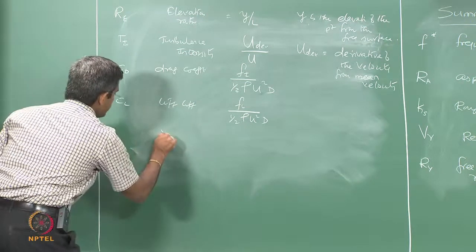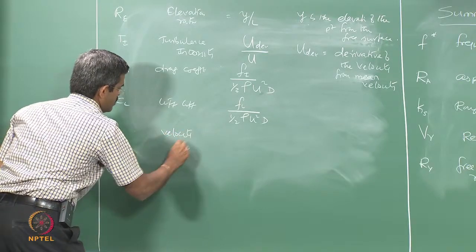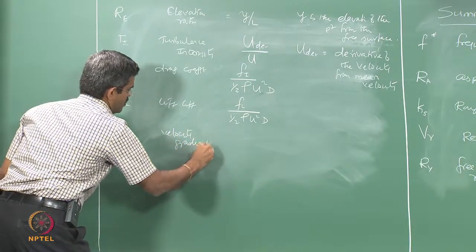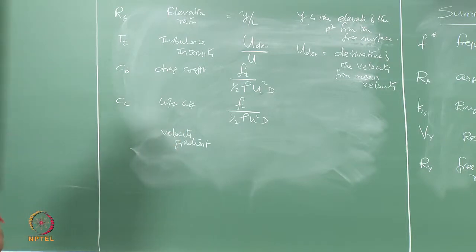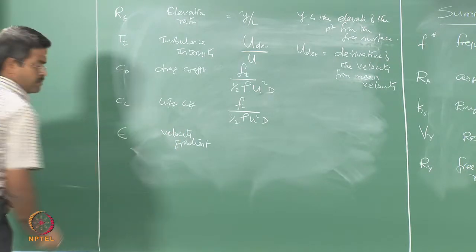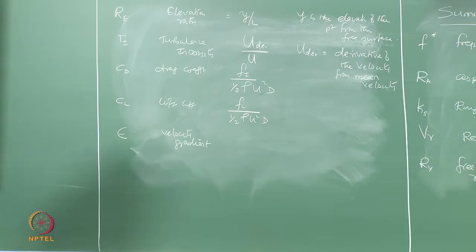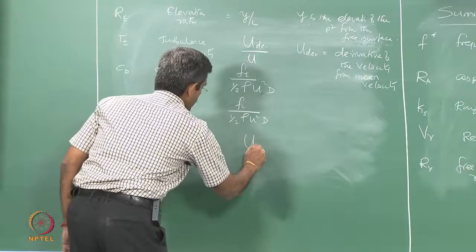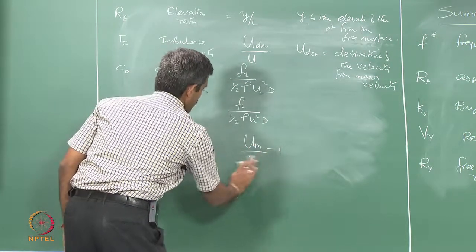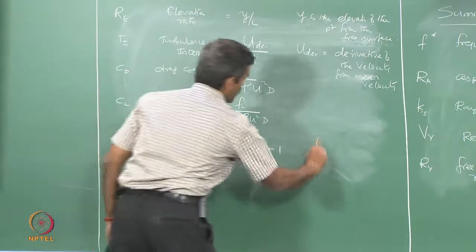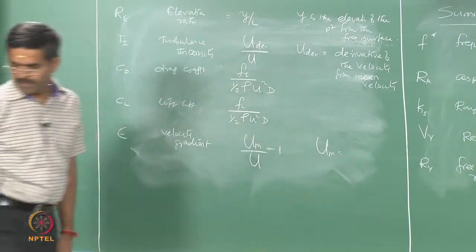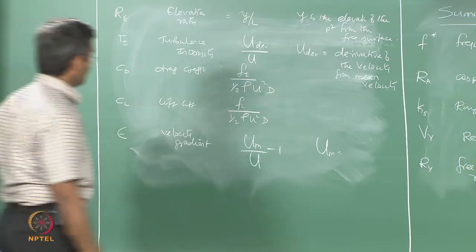Velocity gradient indicated by epsilon, which is um by u minus 1, where um is the maximum velocity.